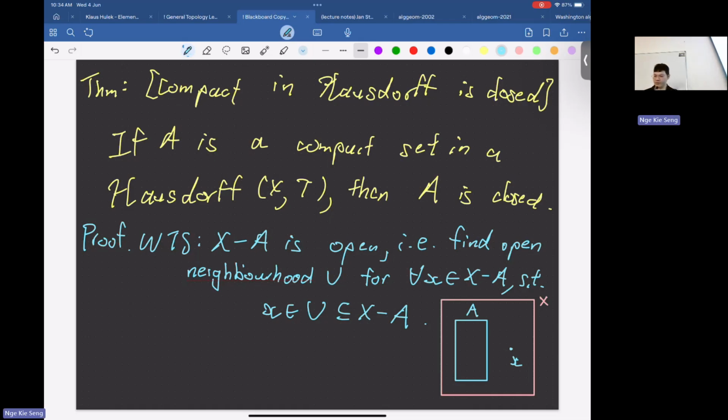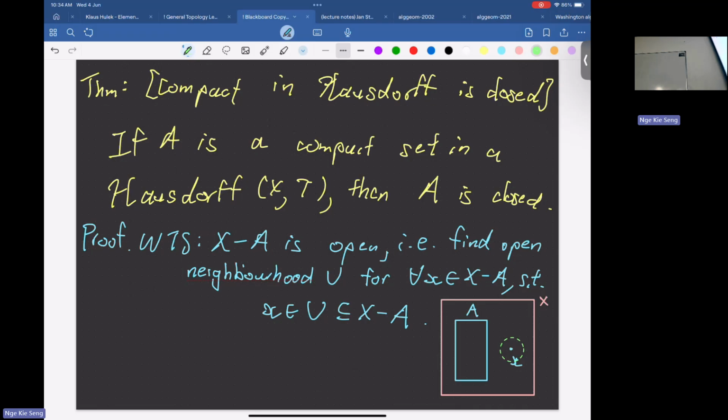You want to find some ball outside A that can avoid it. This theorem is hinting that if you want to avoid this, A has to be compact. At the same time, the whole space is Hausdorff.